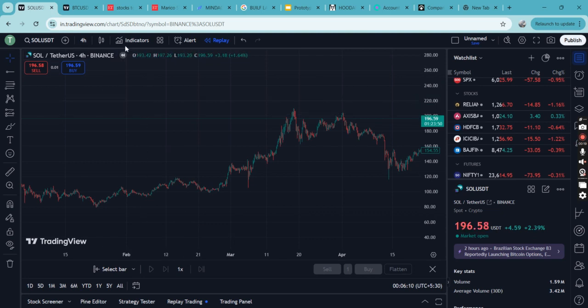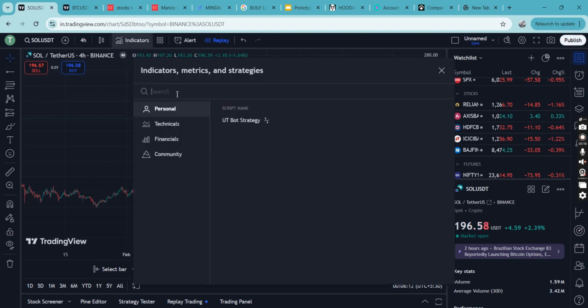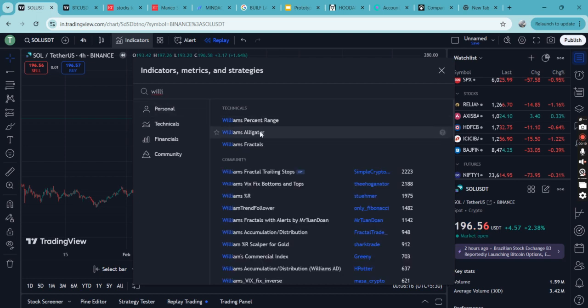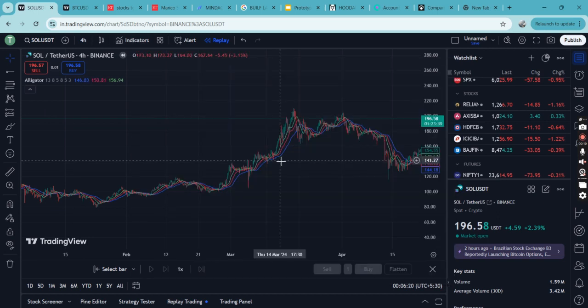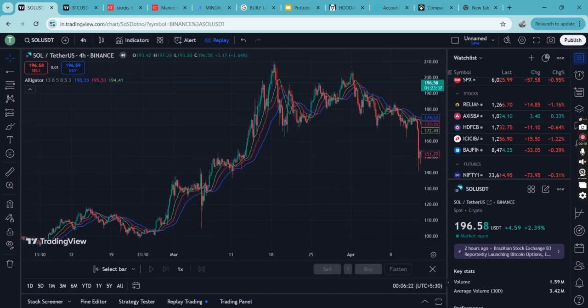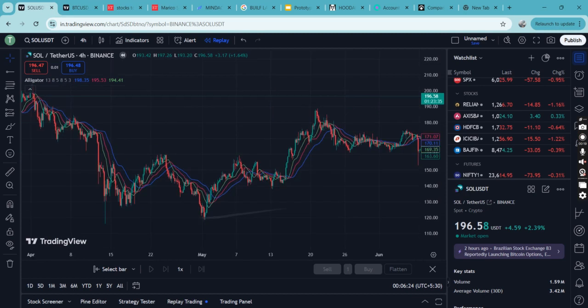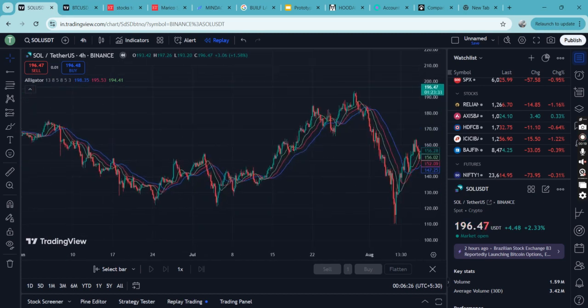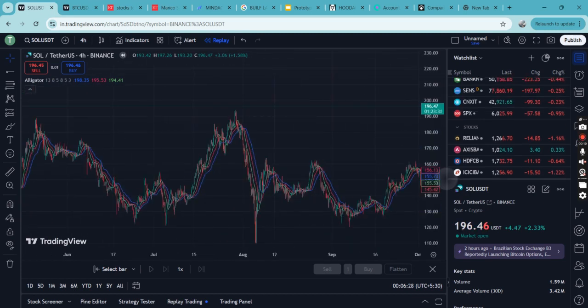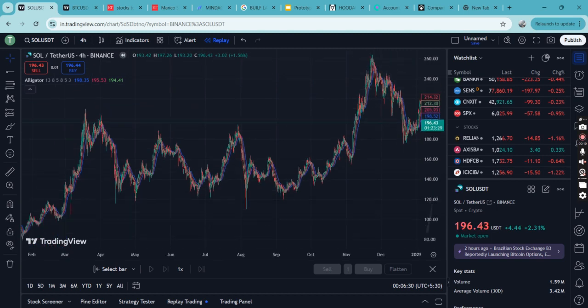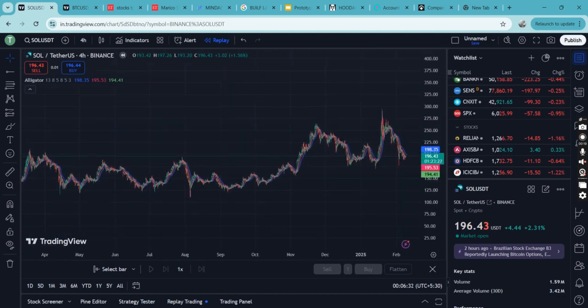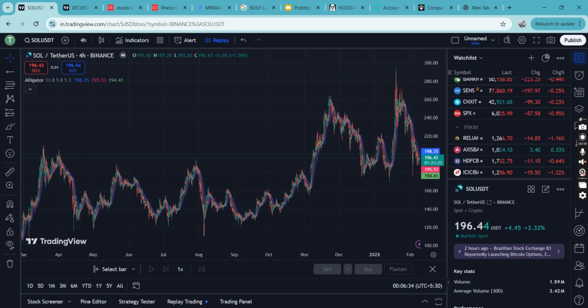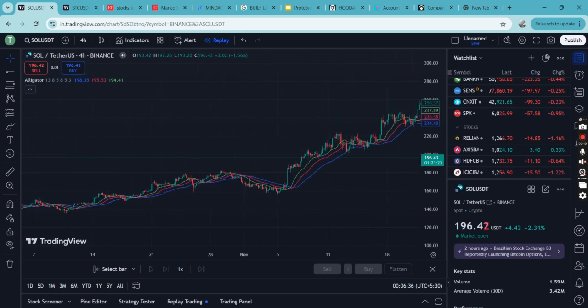There is an indicator. Now, there are a lot of indicators. You have to go to Williams Alligator. What is an alligator? An alligator is an animal, and the alligator will have three components that we're going to talk about here. The alligator will have lips, teeth, and a jaw.